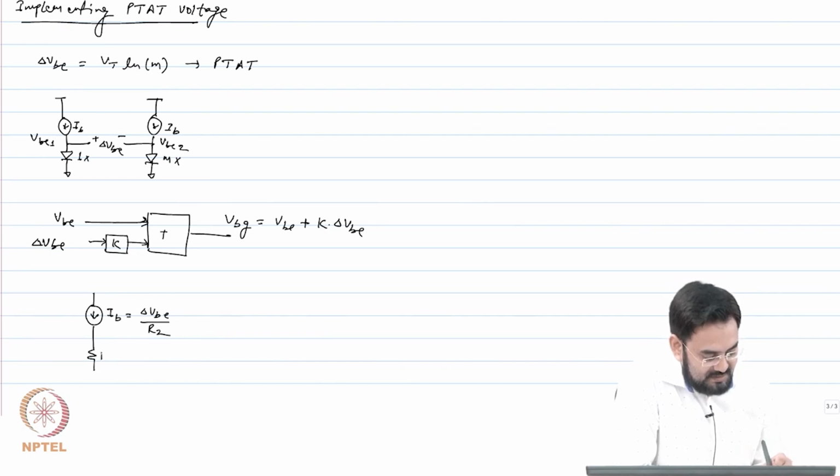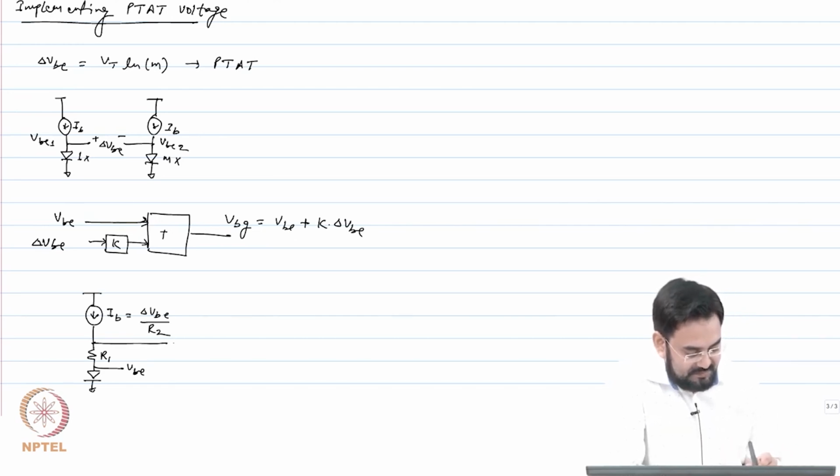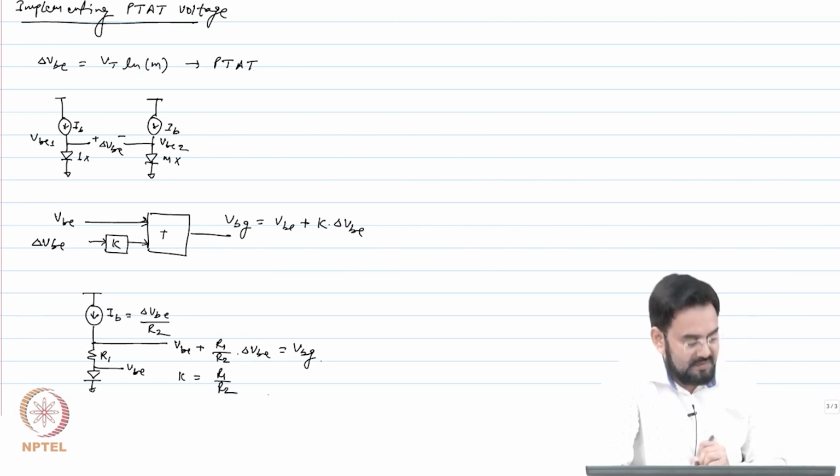I have one resistor which is called R1 and I have a diode. So, this is VB. So, what is this voltage? VB plus R1 over R2 into delta VB, correct? So, which means this is nothing but your band gap and K equal to R1 by R2.